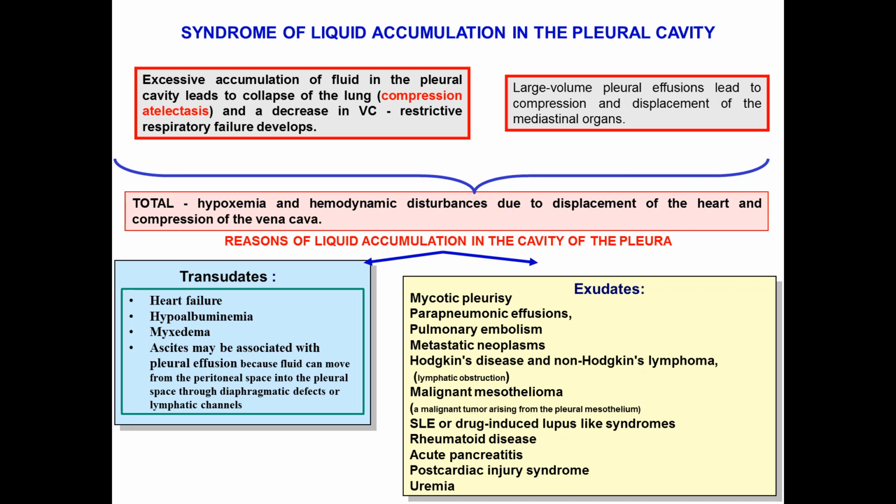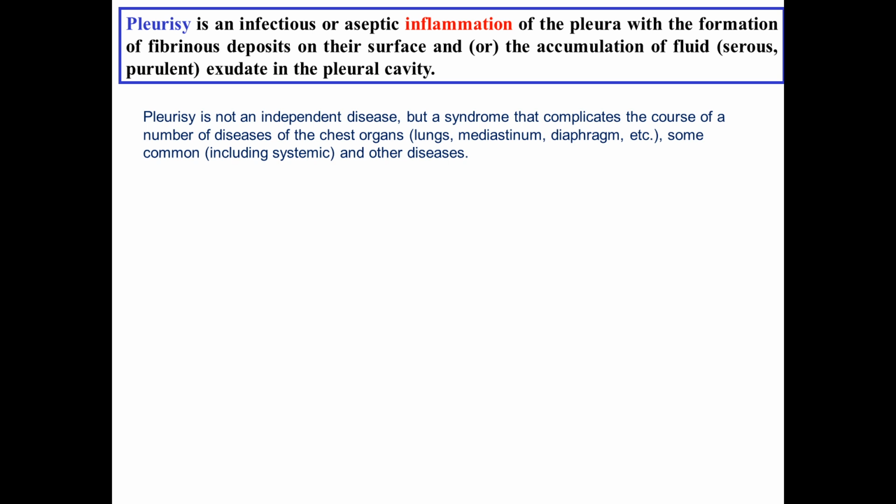Systemic lupus erythematosus or drug-induced lupus-like syndromes, rheumatoid disease, acute pancreatitis, post-cardiac injury syndrome, for example after myocardial infarction, developing Dressler syndrome, and uremia.